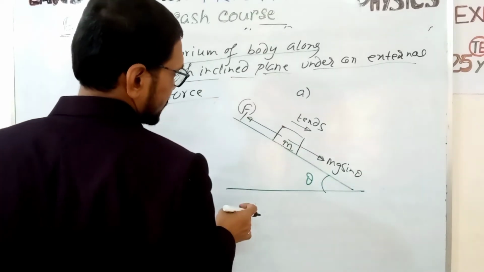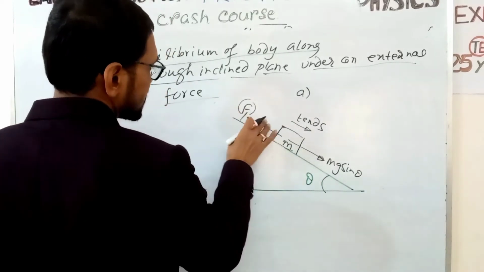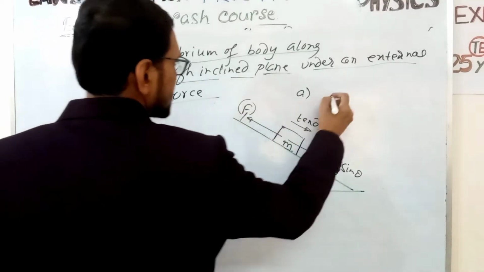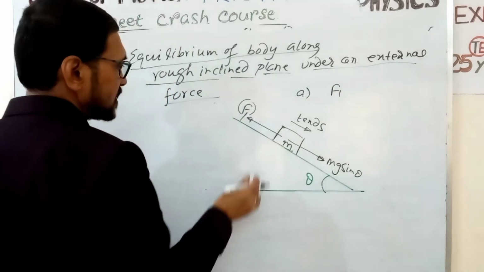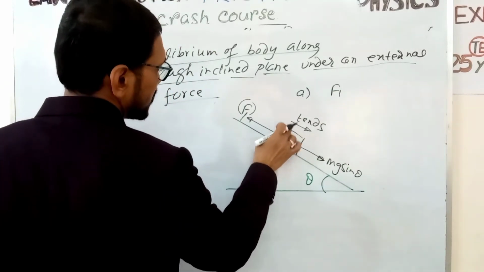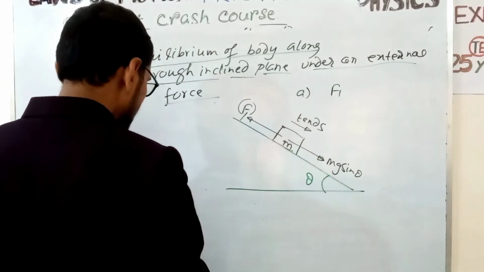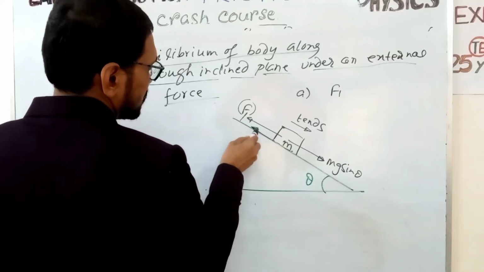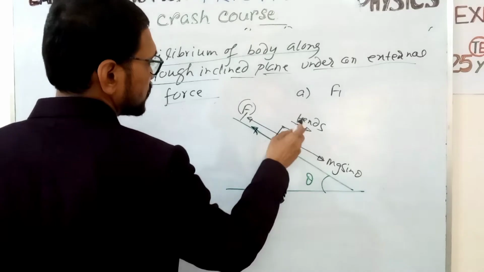That is, this force prevents the downward motion of the body. So what is the force required? Now F1, if the body tends to move downward, in which direction does the friction force act? In this direction, when the body tends to move, not in motion.